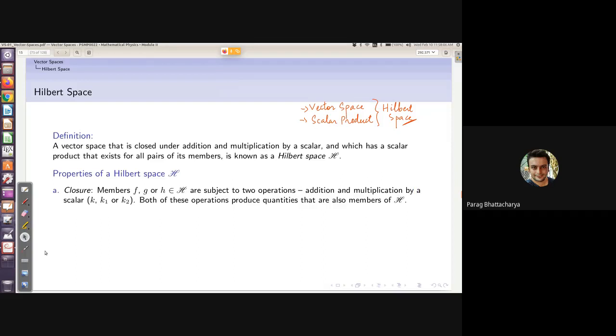So let's say this is a Hilbert space. This is one member, this is another member, and so on.